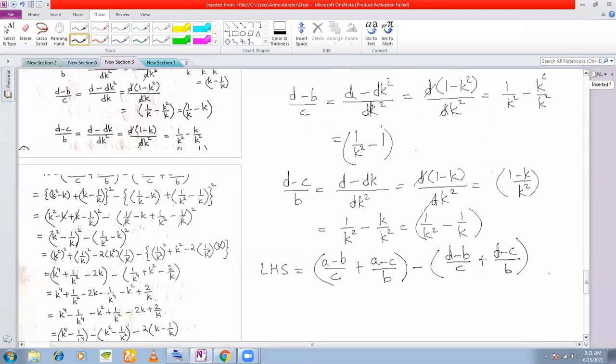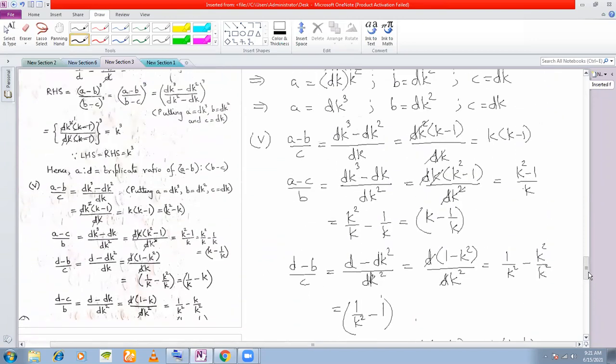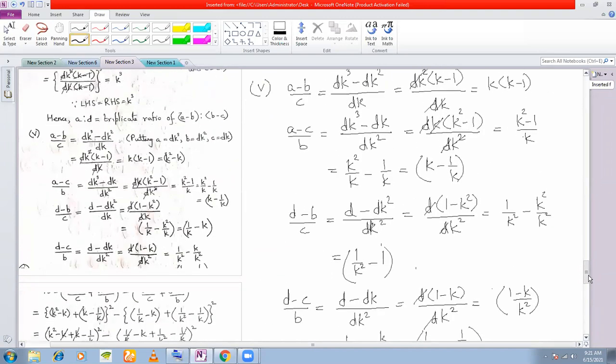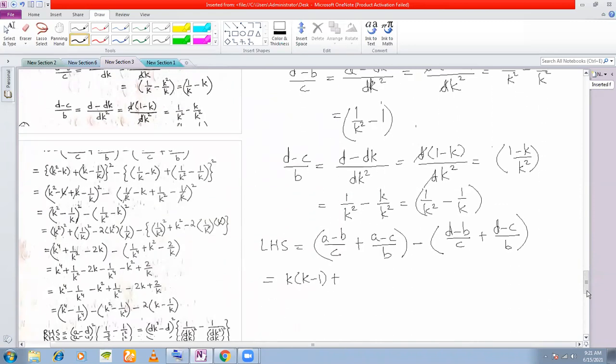This is what our left hand side was. Put the values. We have found all the values above. First one we have found as k into k minus 1. Put it: k into k minus 1 plus a minus c by b here, we have found out to be k minus 1 by k.